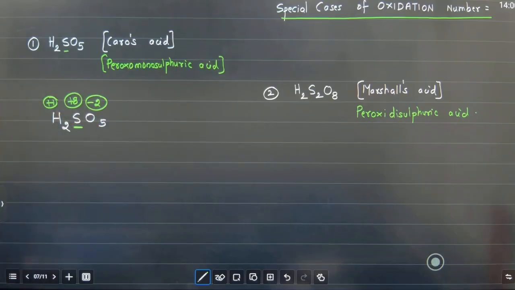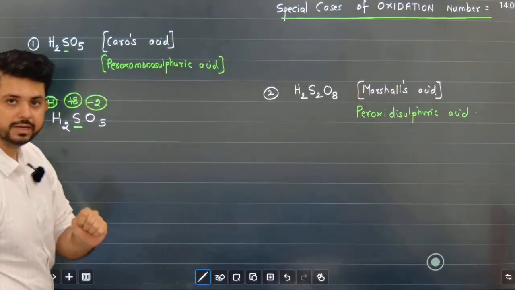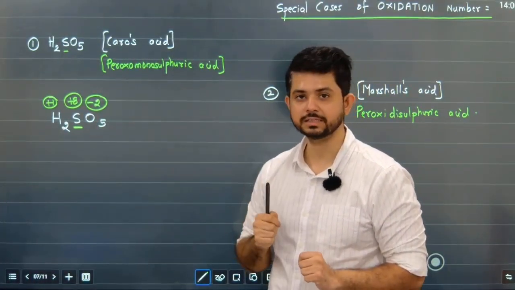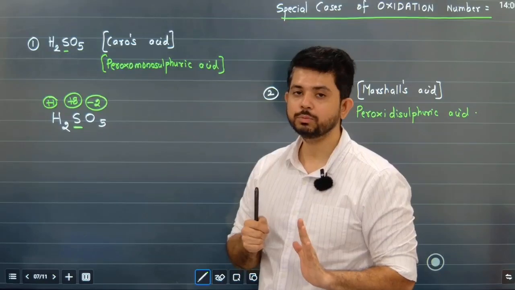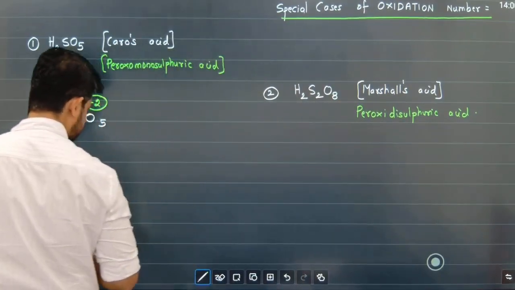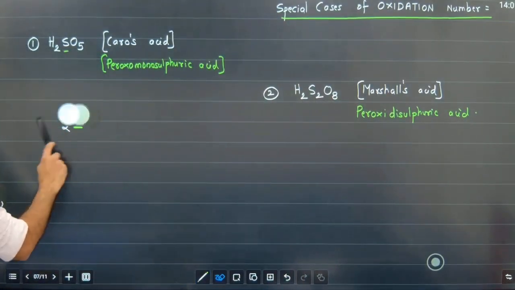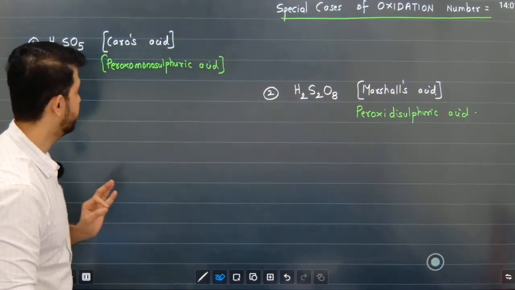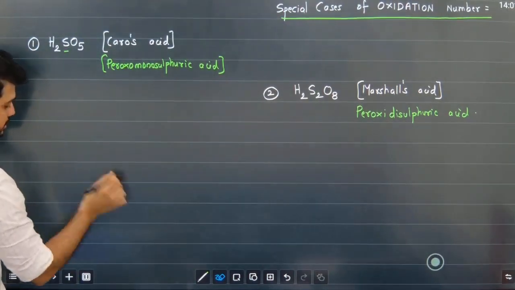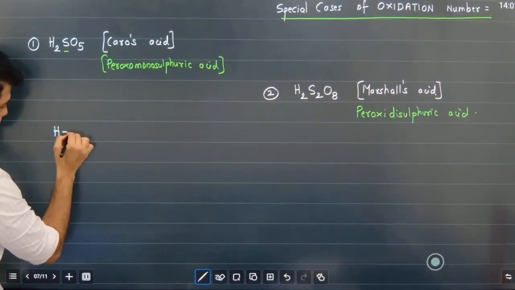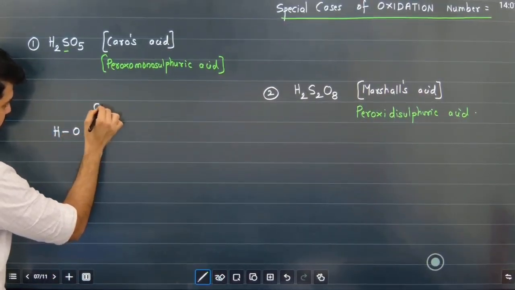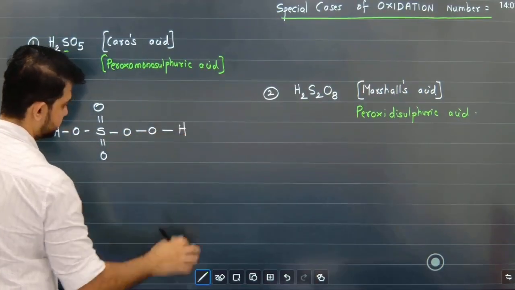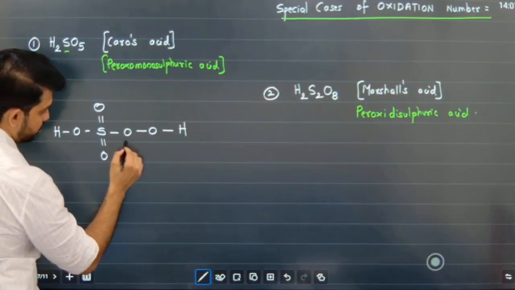If we follow the normal method, हमें तो oxidation state मिलेगा on sulfur as +8, but +8 is not possible for sulfur, and hence in this case, students, what we really need to understand is we need to know the structure of the molecule. Now the structure of the molecule is something like this. This is called as a peroxy linkage.